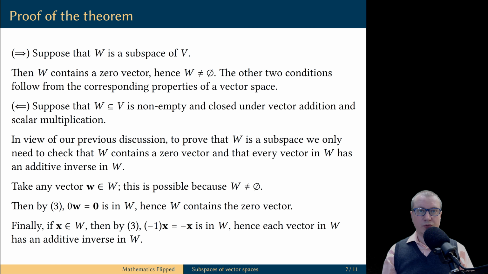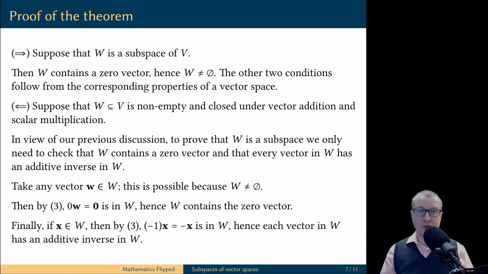To complete the proof, it remains to show that every vector in W has an additive inverse in W. So let's take any vector x from W. Again, in the previous video, we proved that in any vector space, in this case, this is the vector space V, the additive inverse of a vector can be obtained by taking the scalar multiple of the vector by the scalar -1.